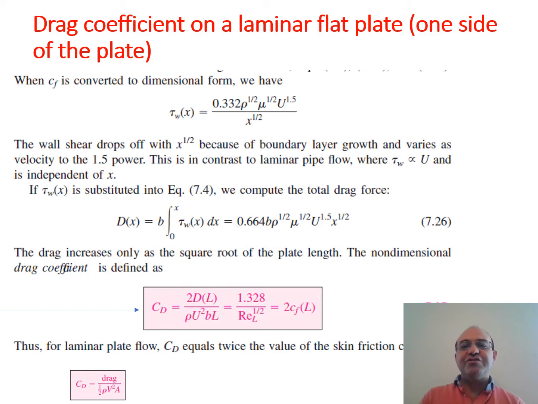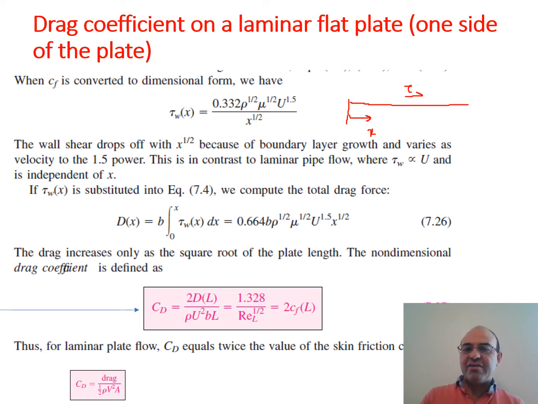Another useful piece of information is the drag coefficient. When we do our flat plate, we said that we have tau at each x, at each location. At each x, we can have that skin friction coefficient obtained from the previous equation in the previous slide, or tau.